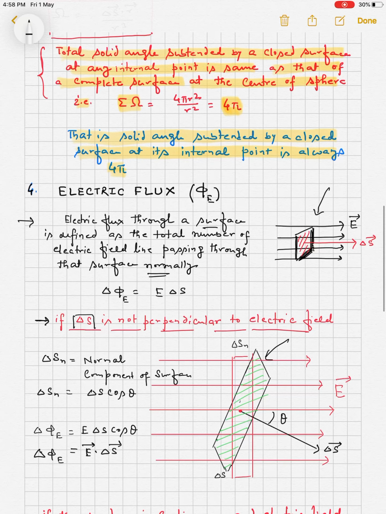If the surface has so many elements like delta S, then the total flux through the whole surface, of which this delta S is an element, is phi E equal to sigma.